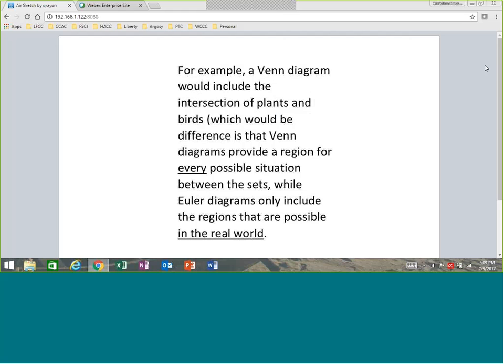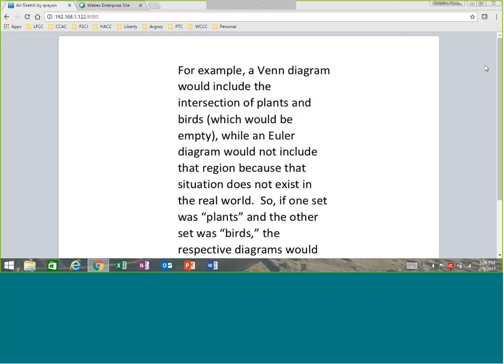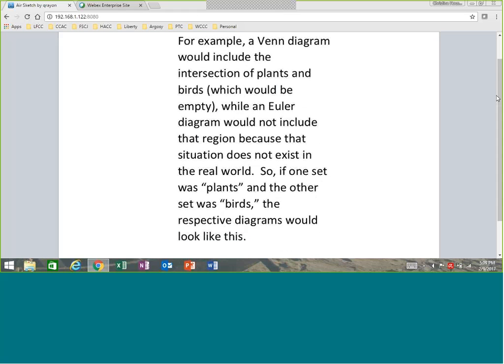So let's look at an example. Let's say we have two sets, and one is plants and one is birds. A Venn diagram would include the intersection of plants and birds, which would be empty because there's nothing out there that's both a plant and a bird. But it would include a region for the intersection, while the Euler diagram would not include that region because there's nothing in the intersection between plants and birds.